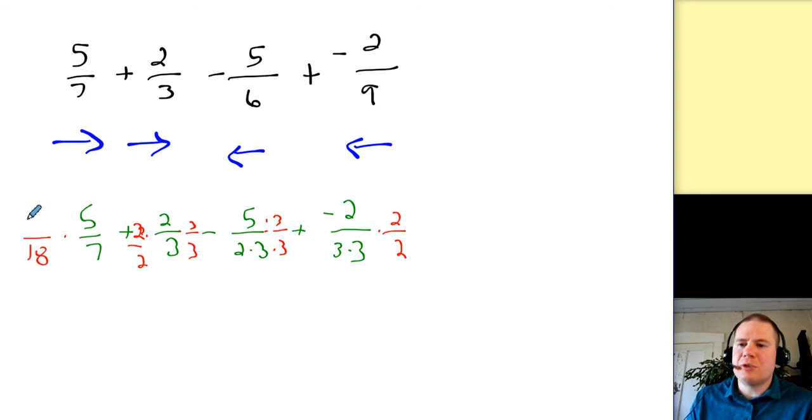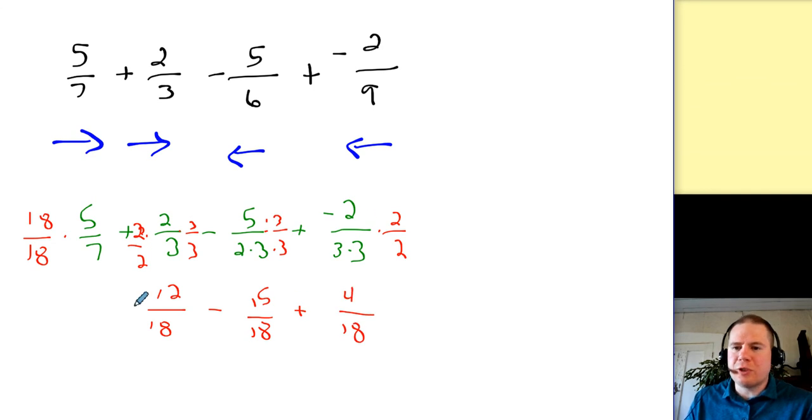That's times 18. 2 times 3 is 6. 6 times 3 is 18. 3 times 2 is 6. 6 times 2 is 12. 3 times 3 is 9. 9 times 2 is 18. 5 times 3 is 15. 9 times 2 is 18. 2 times 2 is 4. Okay, that's all cleaned up here.